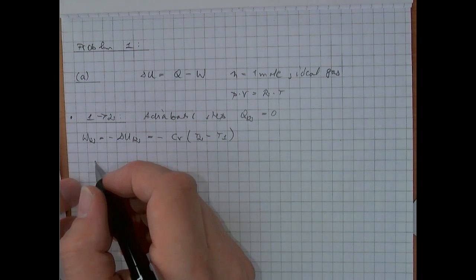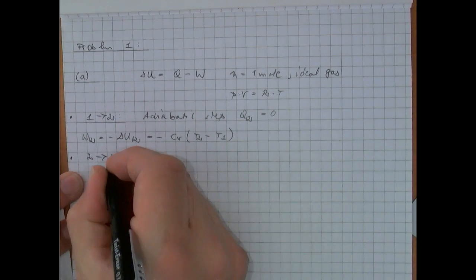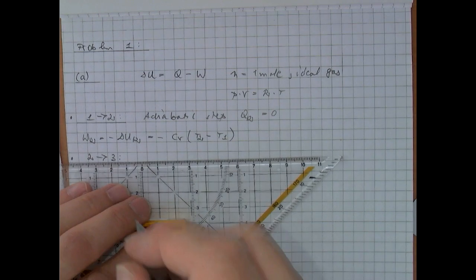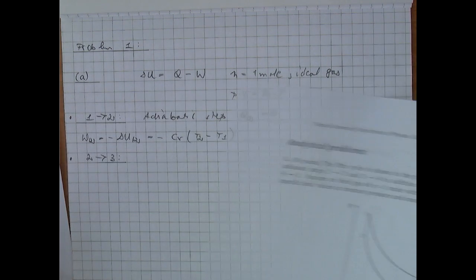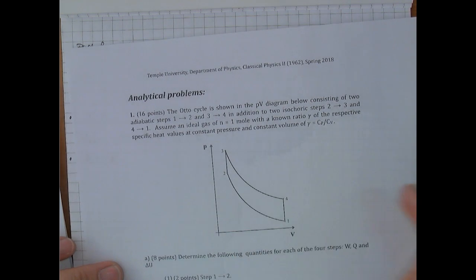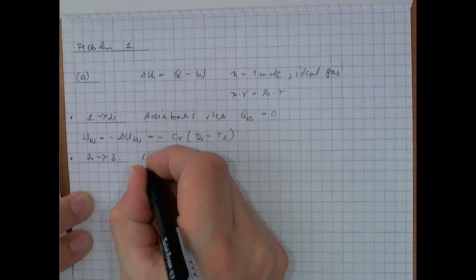So now let's consider the step 2 to 3 here. Step 2 to 3, just to remind you, is carried out at constant volume, so therefore there's no work performed. So that's an isochoric step.